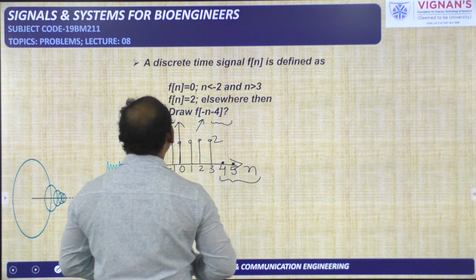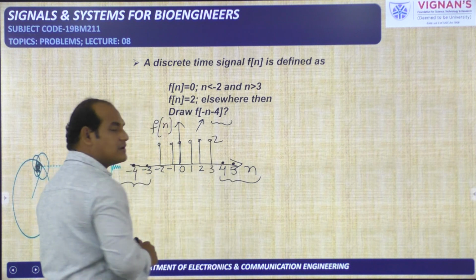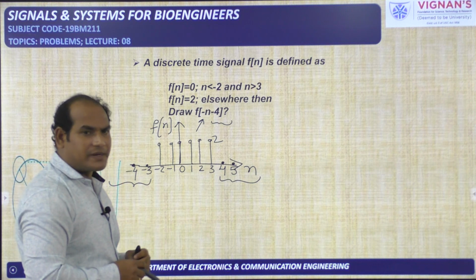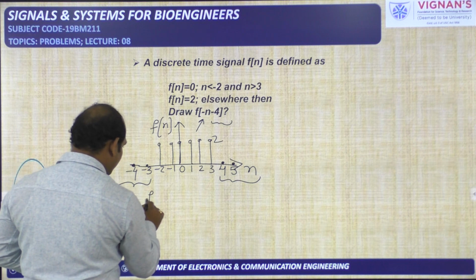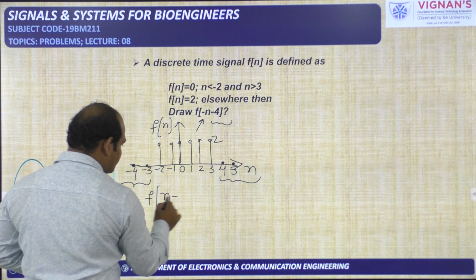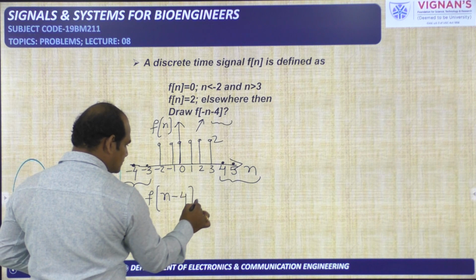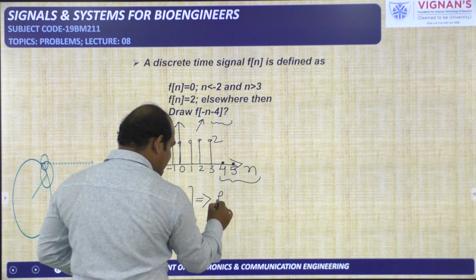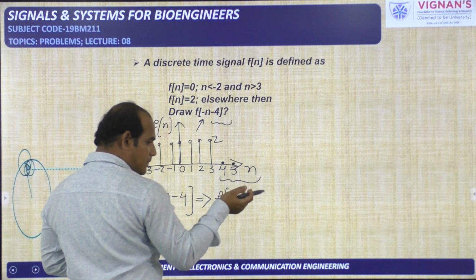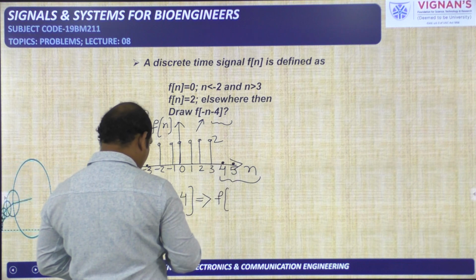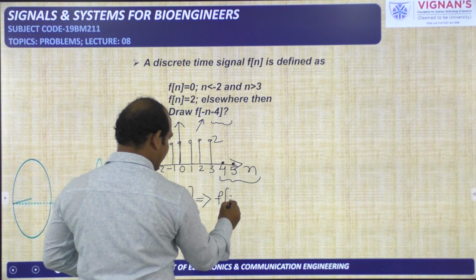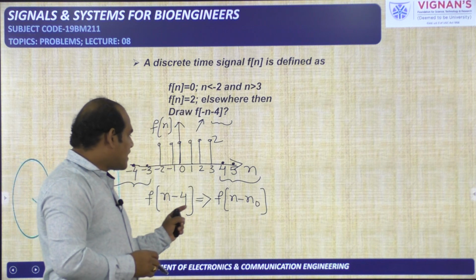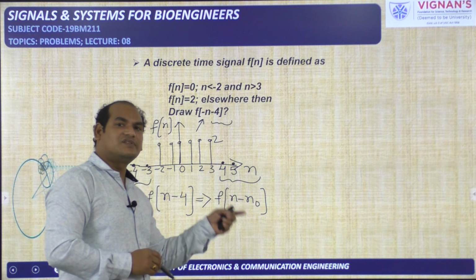Next, now we have represented the given signal. Now we need f of minus n minus 4. So first, what do I need to apply? The shifting property. By default you take the shifting property only. That means I am going to draw f of n minus 4. Because it is a time shifting operation, not the property, I need to compare this with f of n minus n naught, and in the case of continuous time, f of t minus t naught or x of t minus t naught.